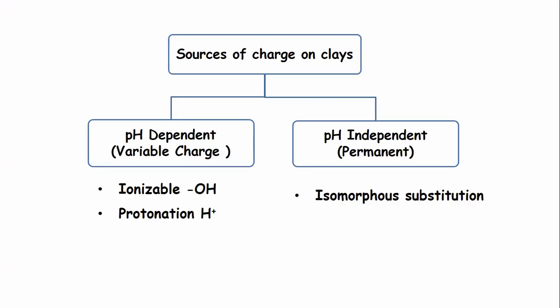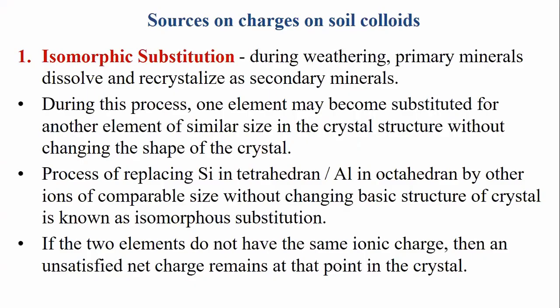That creates the charges there. And the second charge is the charge imbalance, which we call the isomorphous substitution. So obviously, there are two sources. One is the pH dependent one, or the variable charge. Another one is the pH independent, or the permanent charge due to the isomorphous substitution.